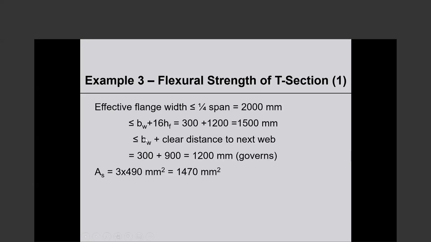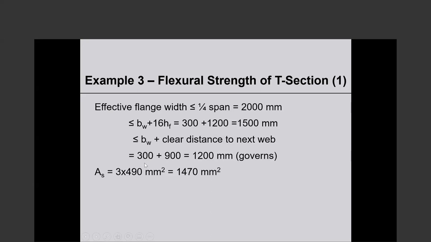That must have come to the 1200, and that gives us 1500 millimeters. Okay, so B sub W is 300, 16 times H sub F is 75, 16 times 75 is 1200, that gives us 1500 millimeters.